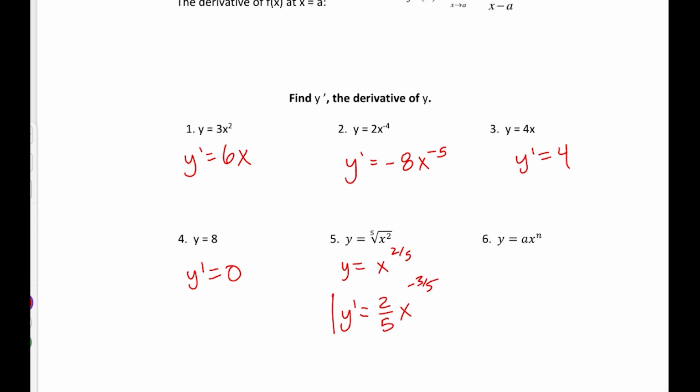You can leave it like this, or if you really like writing radical symbols, you could write it as 2 over 5 times the 5th root of x cubed. That would be correct too, although you don't usually need to go that far.